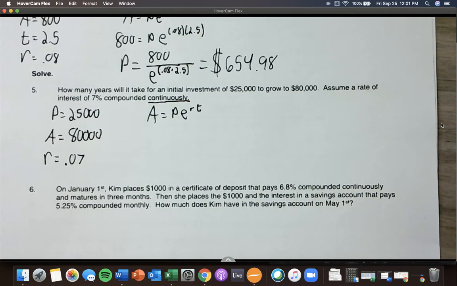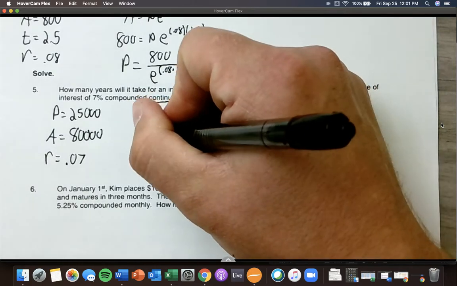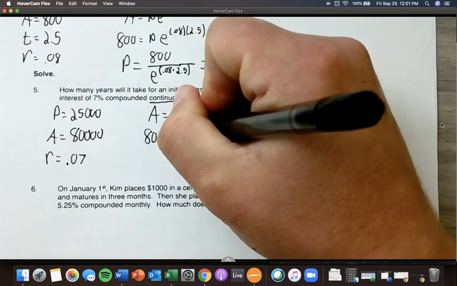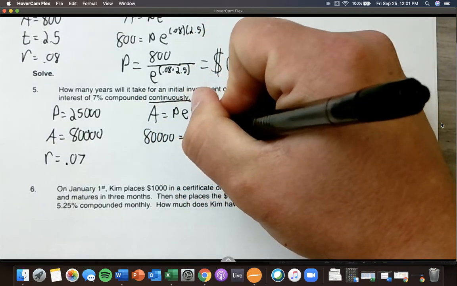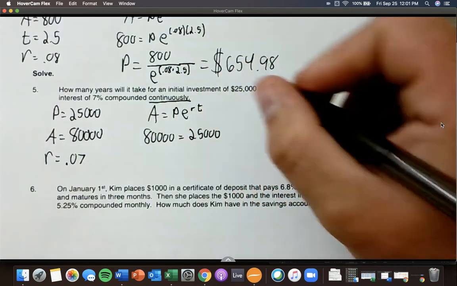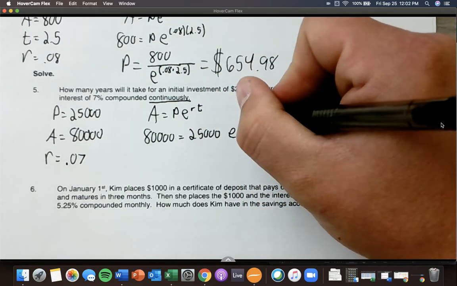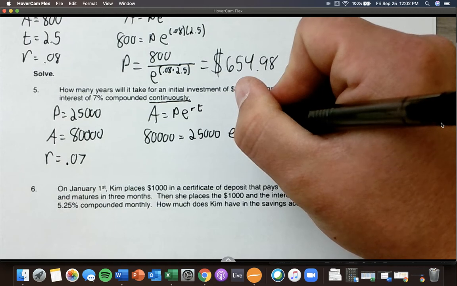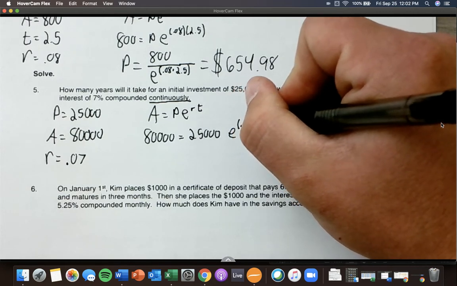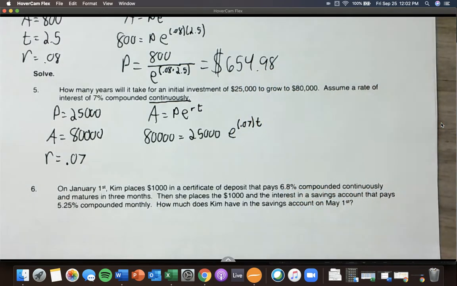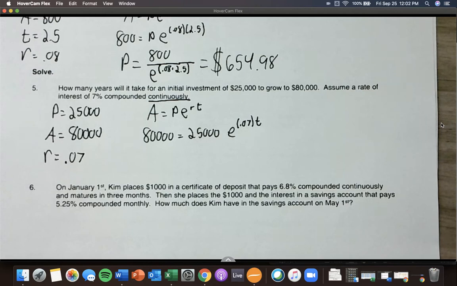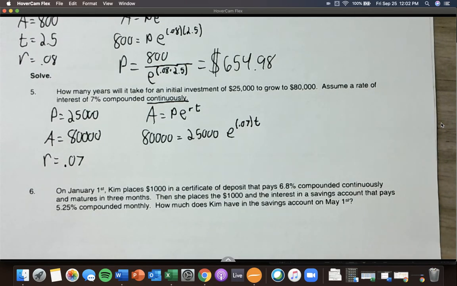Right, so let's plug in our values. We know A is 80,000, P is 25,000, e is just our constant e, the rate is 0.07, and we're trying to solve for t. Which gets a little tricky, because t is in the exponent.